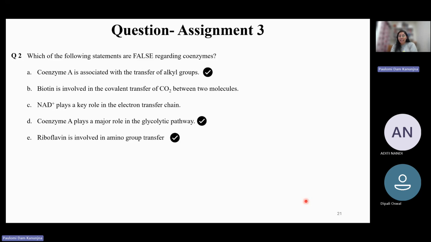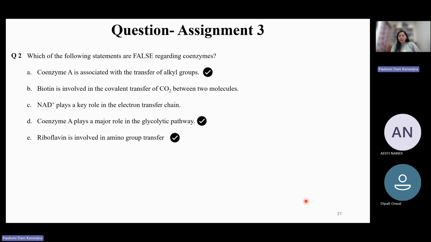And the last one is riboflavin is involved in amino group transfer. Basically, it is not correct because riboflavin is giving rise to FAD and FMN, which are involved in oxidation and reduction. If you remember, we did this in the ETC where we saw these electron carriers, FAD and FMN.